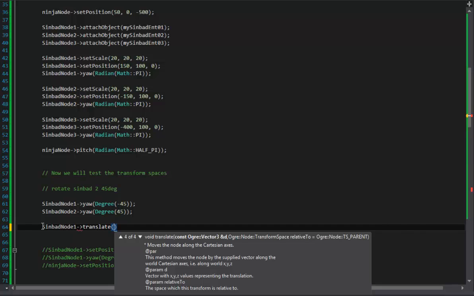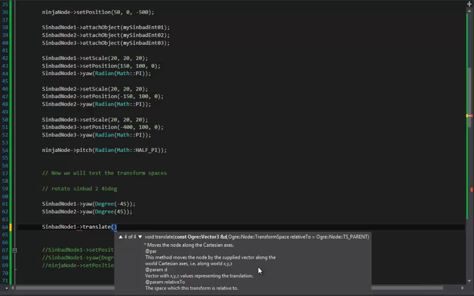There are actually 4 overrides for the translate method. You can give the translate method a vector 3, which is your displacement vector, that is how much on the x, y, and z axes you want to move, and then give it a coordinate system to move along. That's exactly what we talked about earlier at the beginning of this lecture unit.